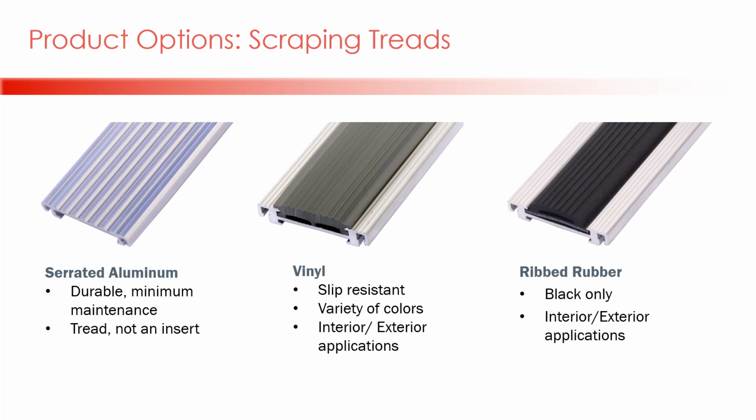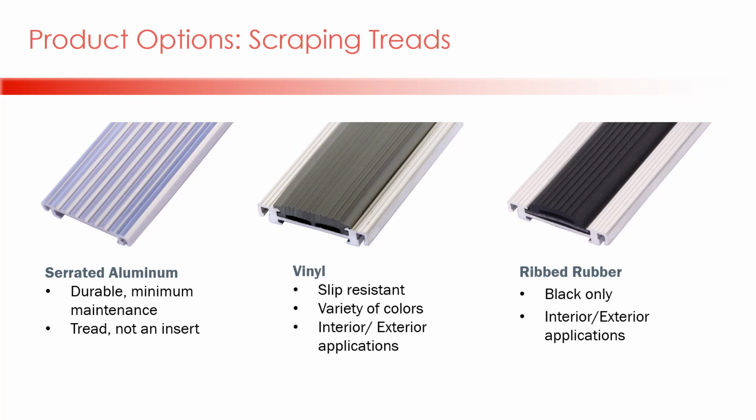Corrugated vinyl treads are also non-absorbent, but provide good slip resistance, good scraping action, and require little maintenance. They may be used in interior applications. There are several styles of rubber tread available, including 2 recycled rubber options.